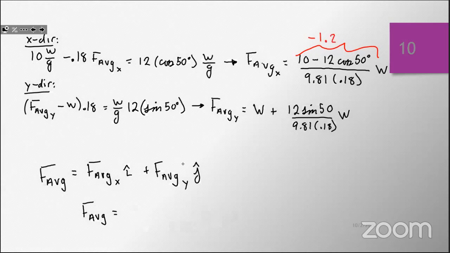Negative 1.295 times W. If I do the math on this, what do I end up getting? You end up getting 6.21 W.